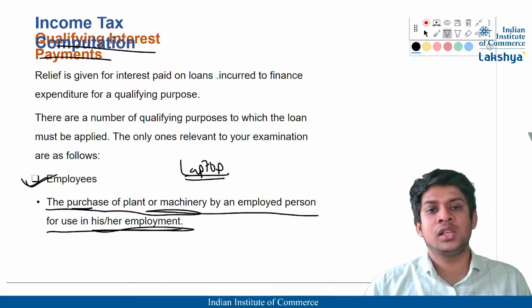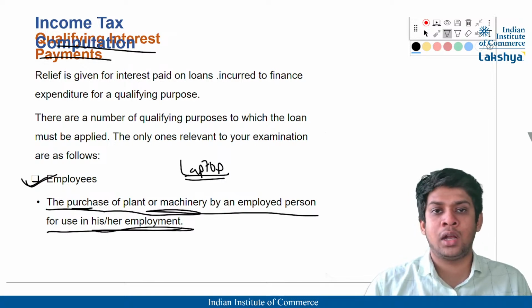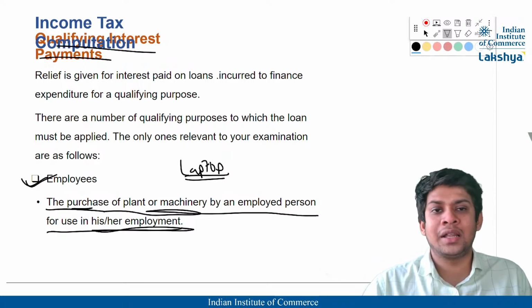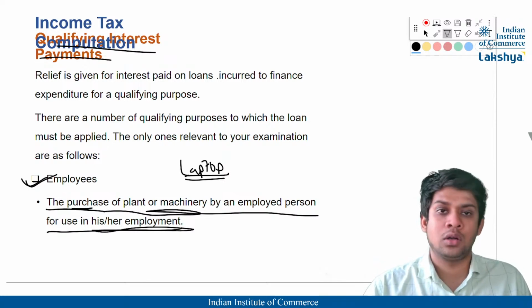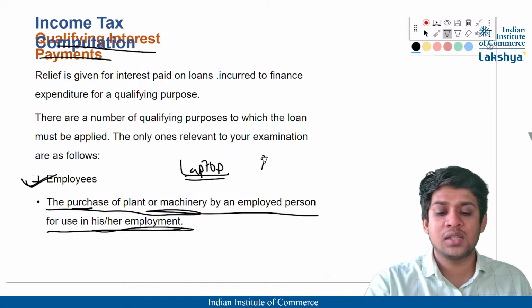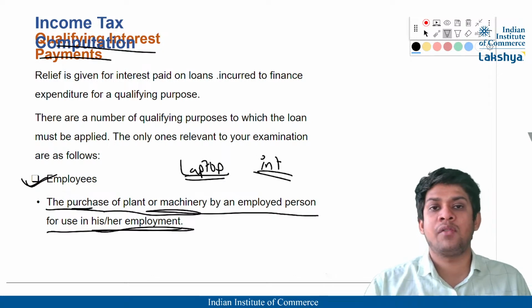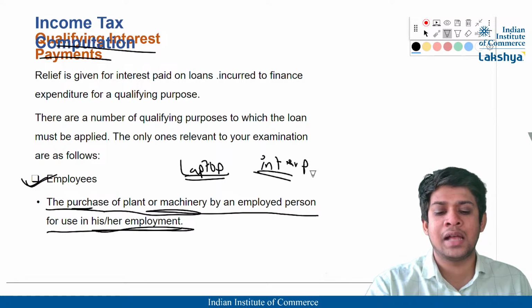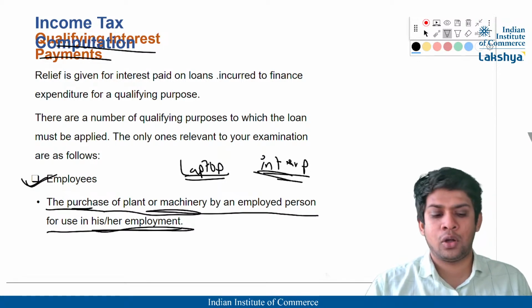Correct? But if the employer says no, I'm not going to provide you, so I have to purchase my own laptop. Now maybe I'm not that rich. I took a laptop on loan. Okay. So if I took a laptop on loan, whatever is the interest payment on that laptop, that can be deducted as a relief. That interest expense can be deducted as a relief for the employee.